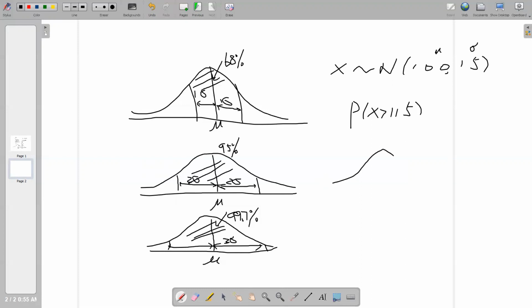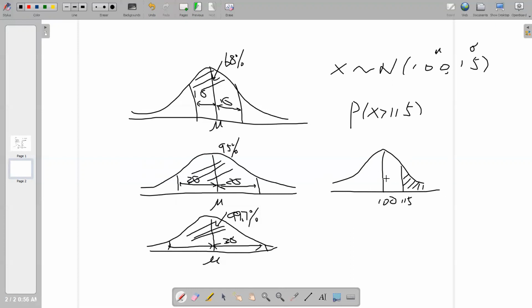So draw the density curve. 100 is here, 115 is here. So the area you're looking for is to the right, right?